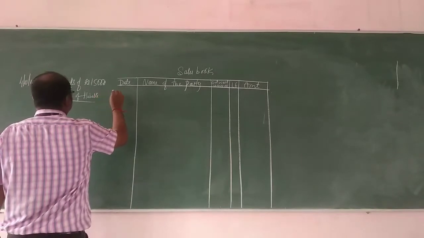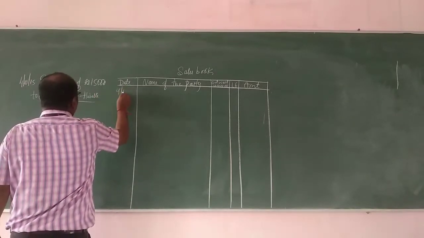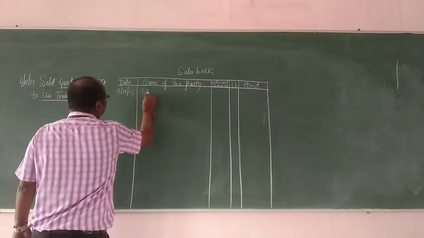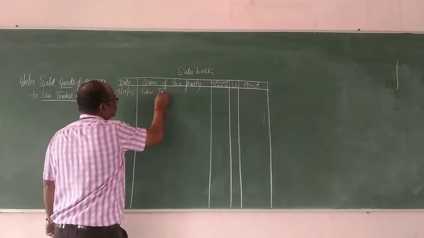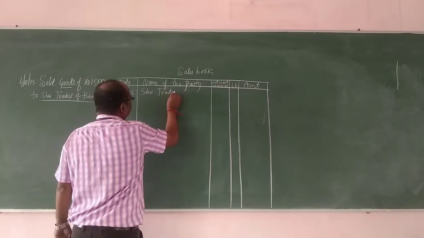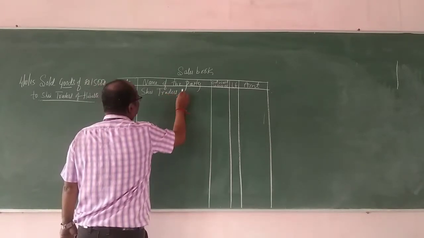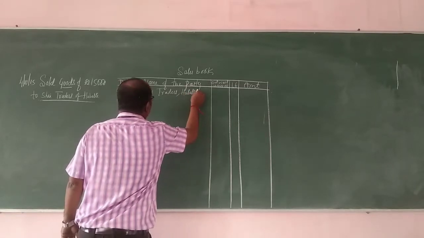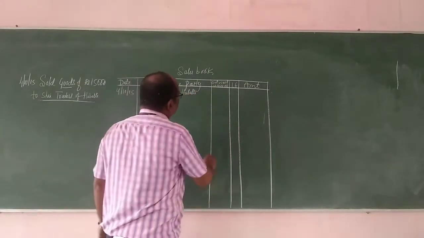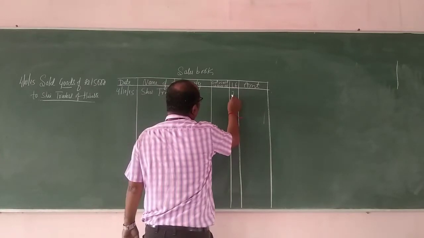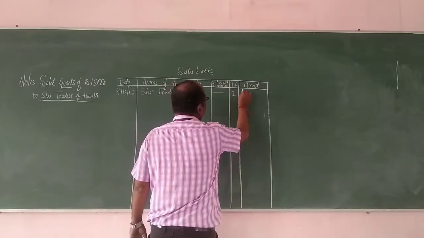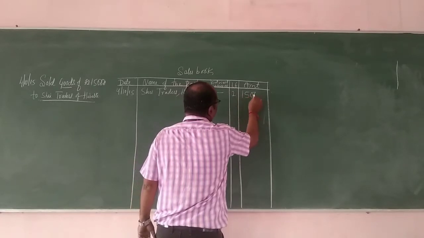On 10/2015, Sri Traders, Hubballi, page number 1, invoice number, you can write any imaginary number, 15,000.